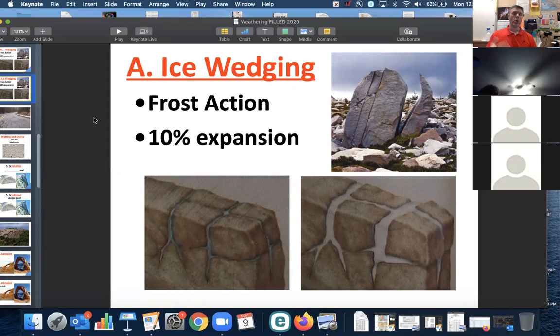But with ice wedging, because of that expansion, when there's a crack in the rock, water gets down into it when the temperature is above freezing. Then when it cools off and the temperature is below freezing, that water freezes and expands a little bit and makes that crack a little bit bigger. Then it heats up during the daytime, water melts, more water comes in there.